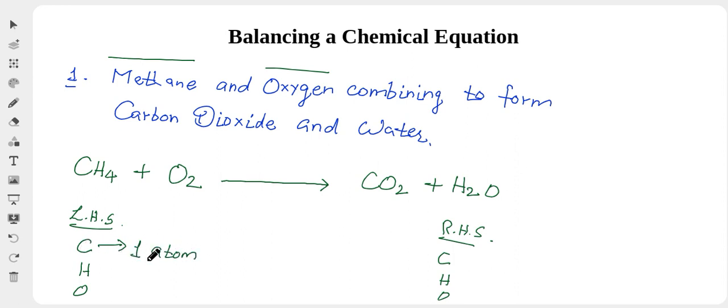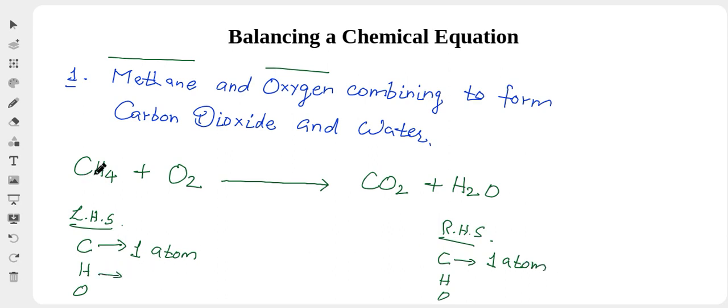One atom of carbon is here on the LHS. How many atoms are here on the RHS? One atom. Now let's discuss hydrogen.